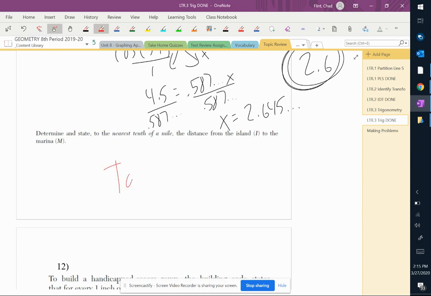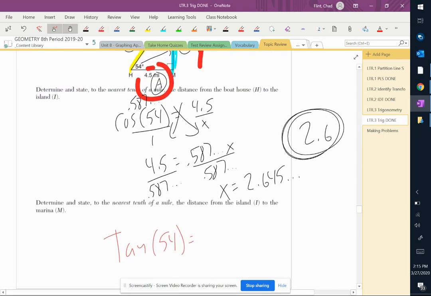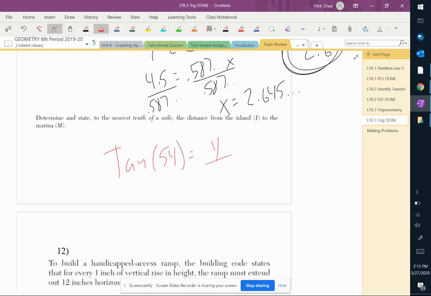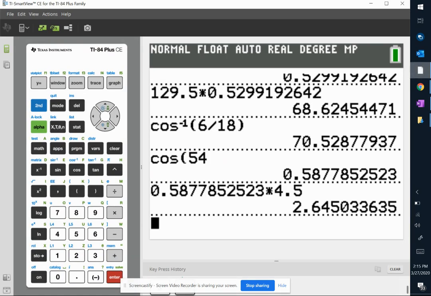So I'm going to do tangent of 54 equals, that's opposite over adjacent, so y over 4.5. And then I'm going to cross multiply that.